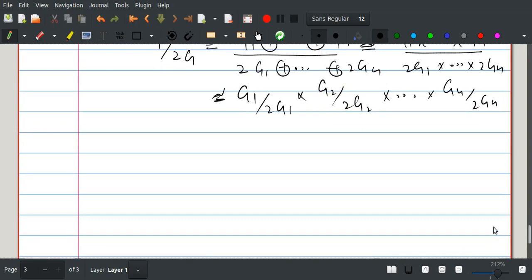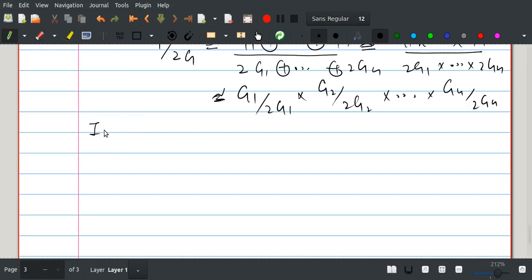Now let us substitute. Suppose G is equal to Z to the power m.